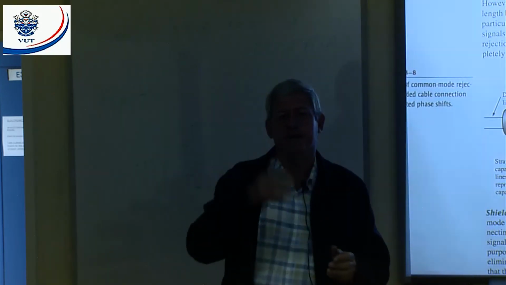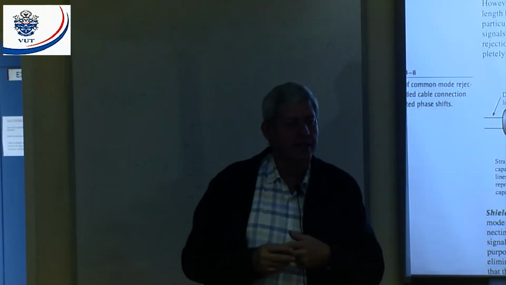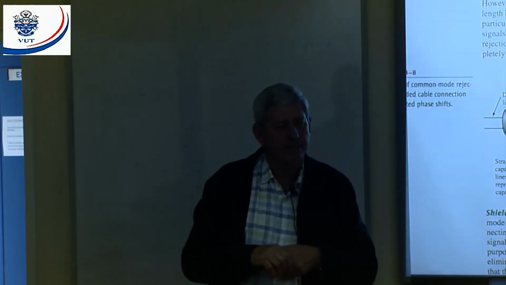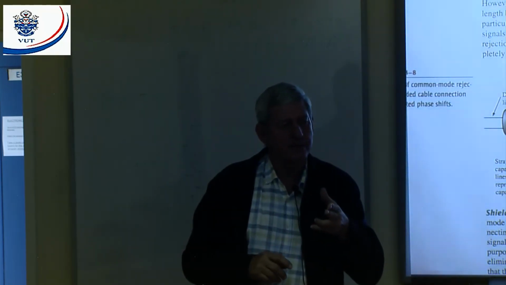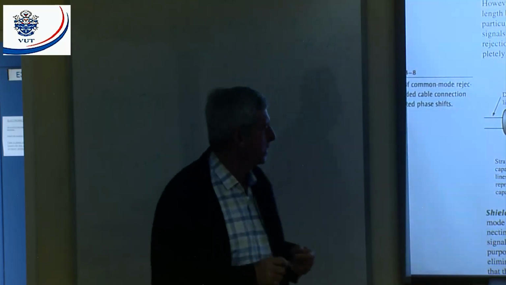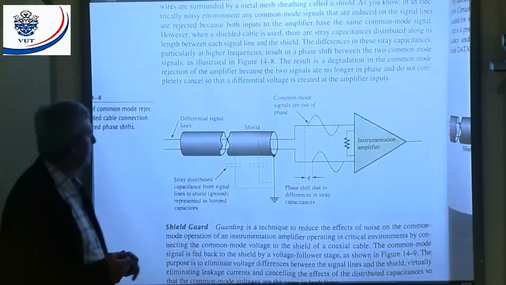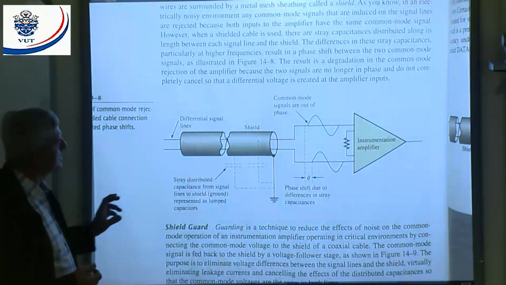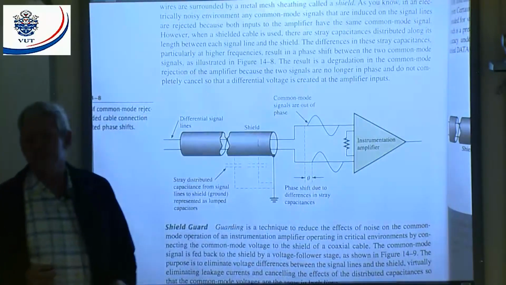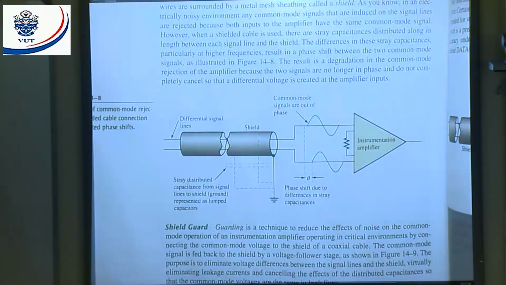Now, these cables are running, and when cables are running parallel to one another, what happens? There will be a very small capacitance, all right? That means between those cables, there's going to be small capacitance. Now, what will happen? Due to this capacitance, it will actually create a phase shift. That means my common mode signal is not going to be 100% in phase.